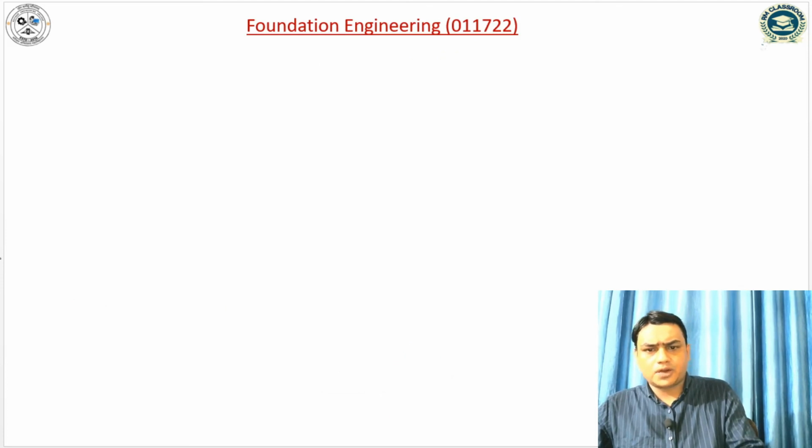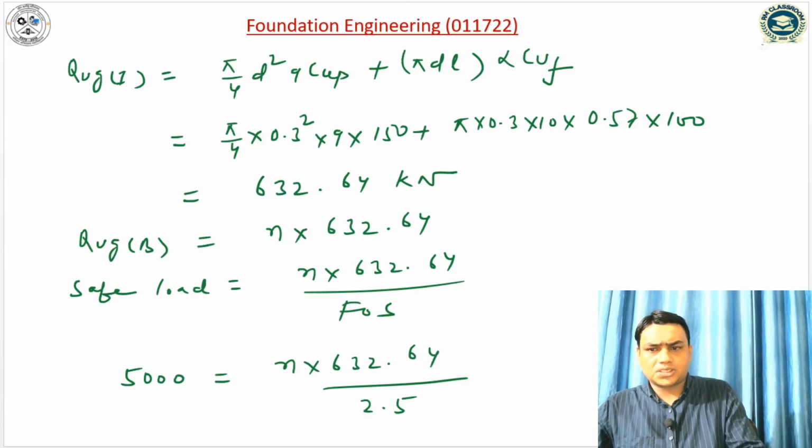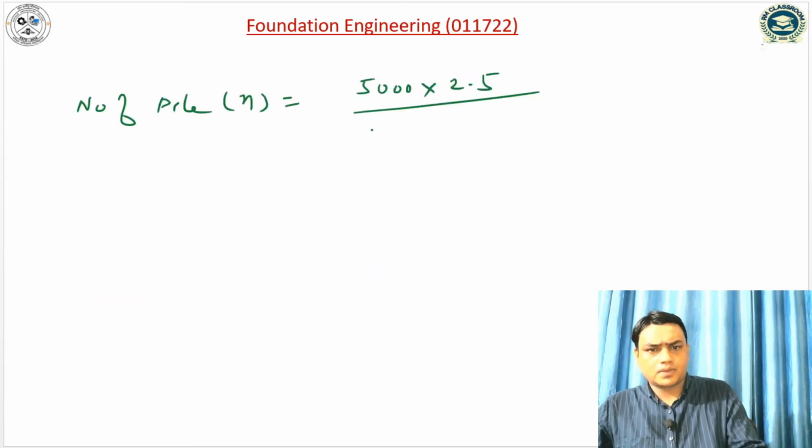So if I compute the number of piles, N is equal to 5000 into 2.5 divided by 632.64.